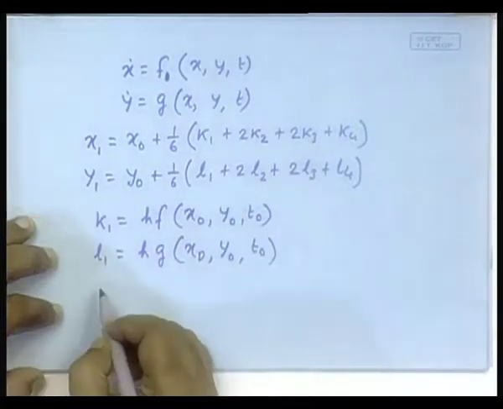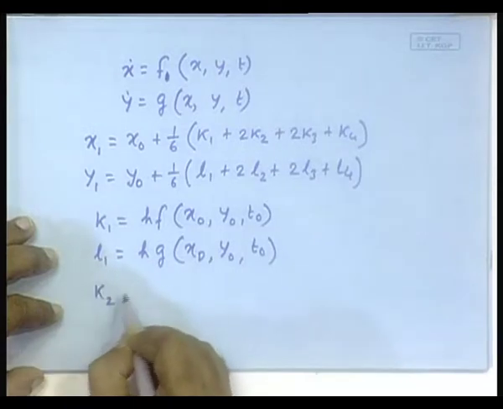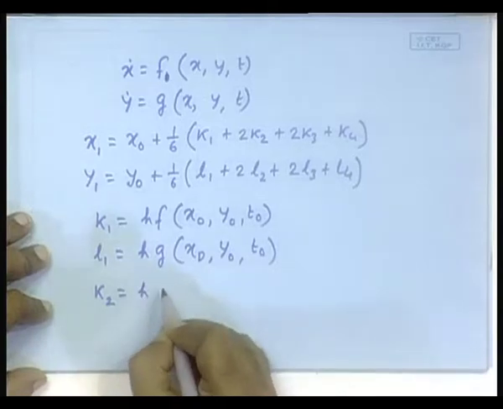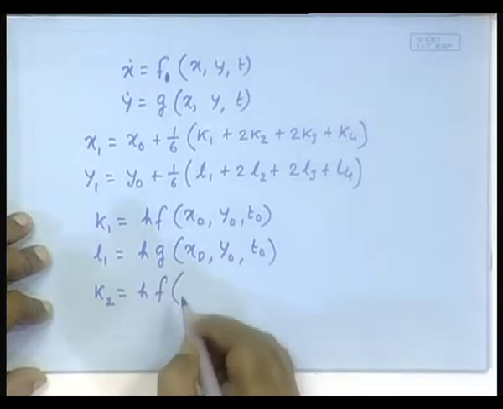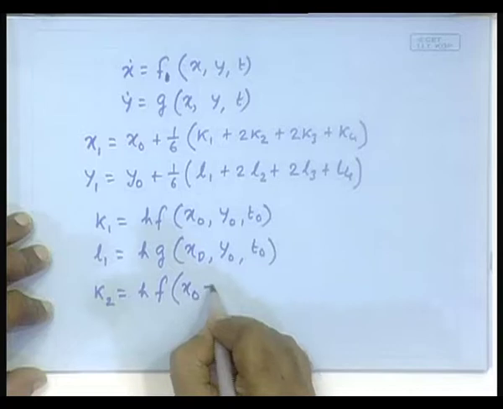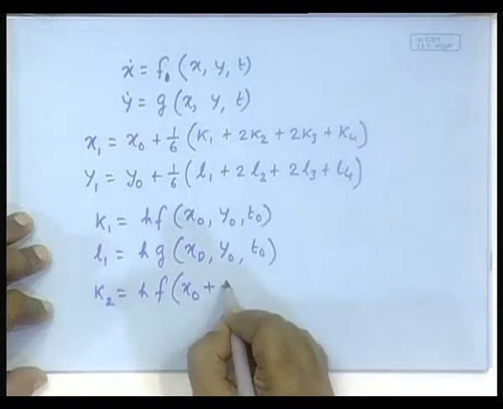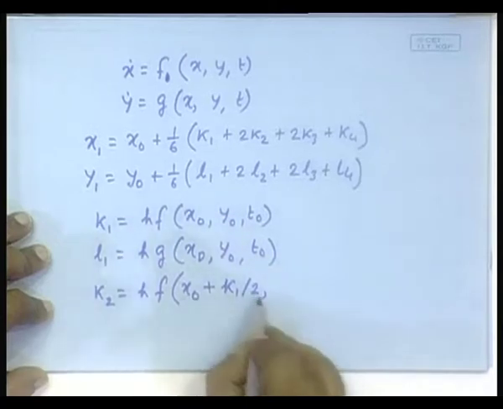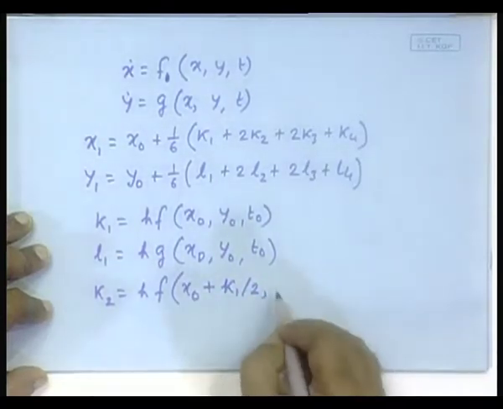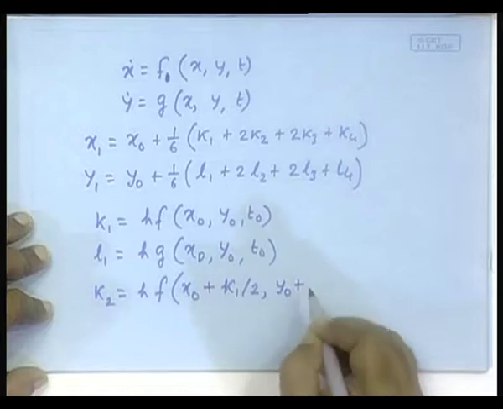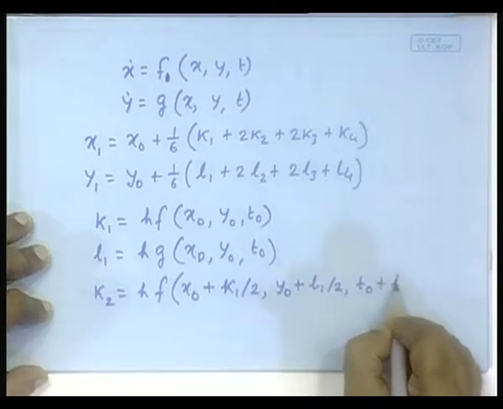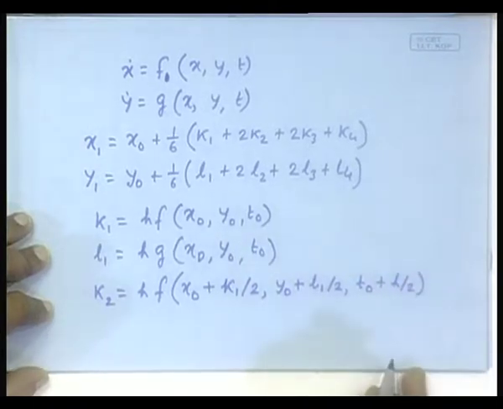The next step, K 2 is h f of x naught plus K 1 by 2, y naught plus L 1 by 2, t naught plus h by 2. Okay.